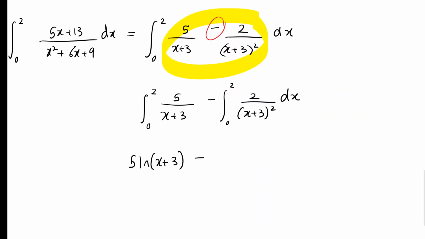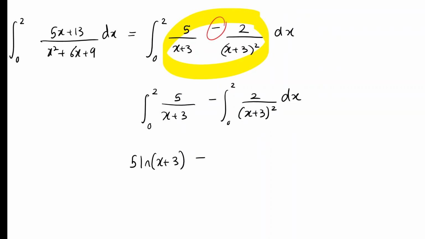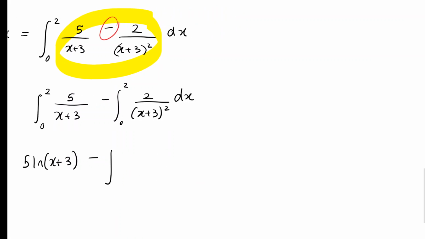The other part follows a u substitution pattern, a more general pattern. So we can let u equal x plus 3. So it follows this pattern because x plus 3 is a linear term with x just to the power of 1.